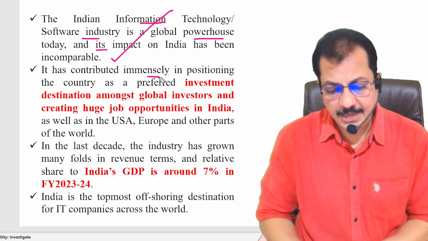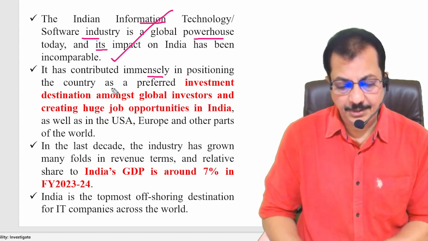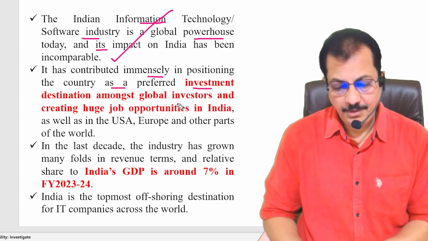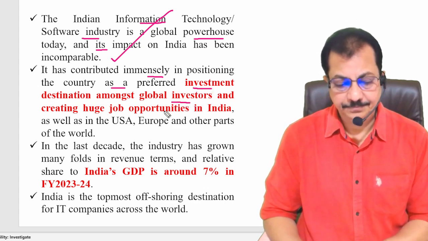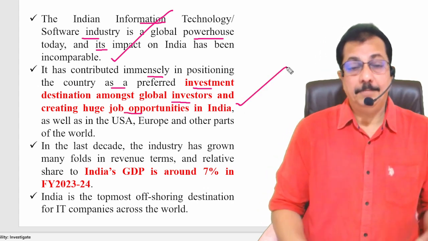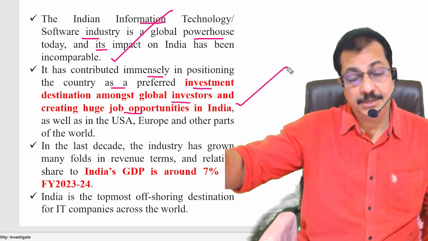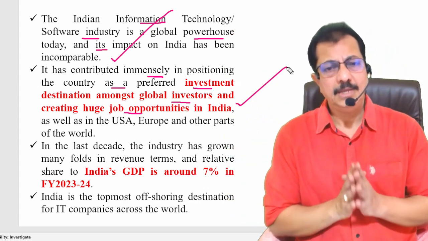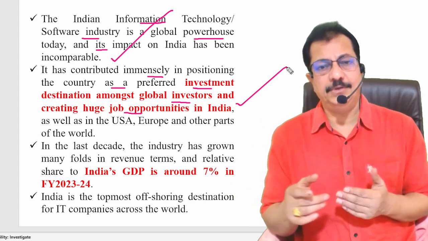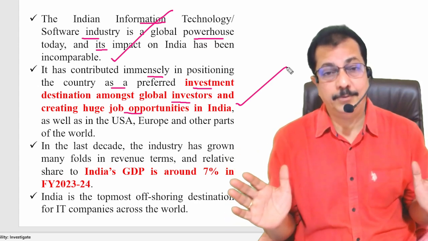Information technology has contributed immensely in positioning the country as a preferred investment destination amongst global investors and creating huge job opportunities in India. Meaning, foreign companies are looking towards India, they are investing in India with respect to information technology. So when they are establishing the companies, obviously the companies are providing employment opportunities.